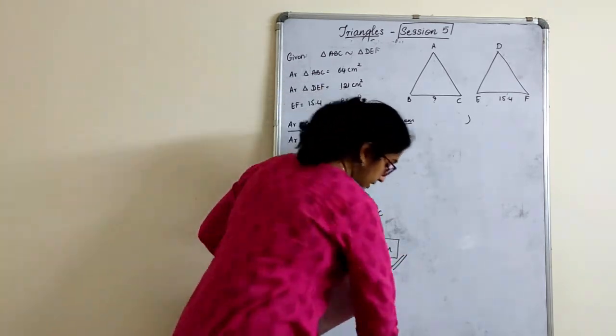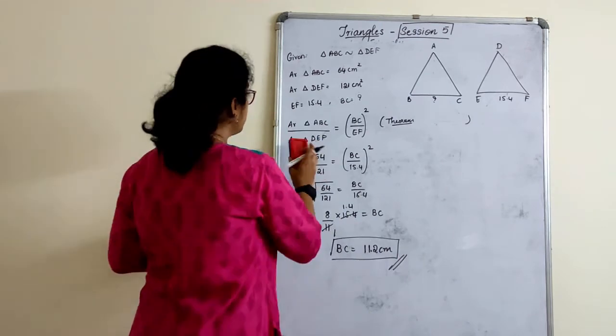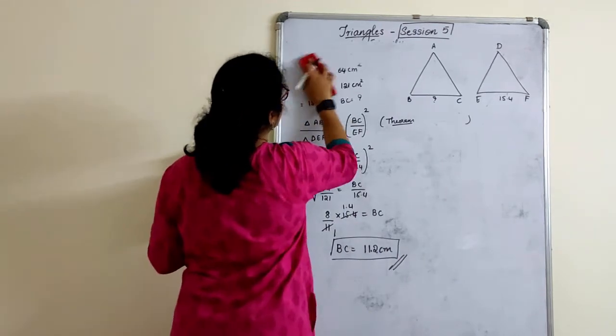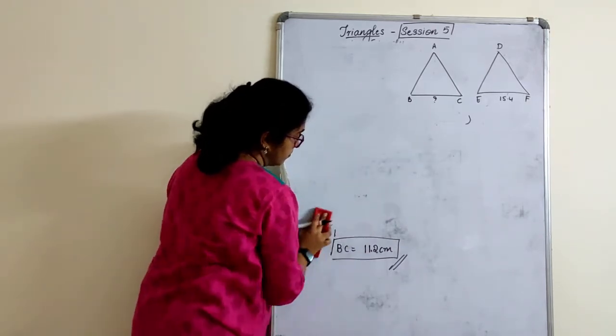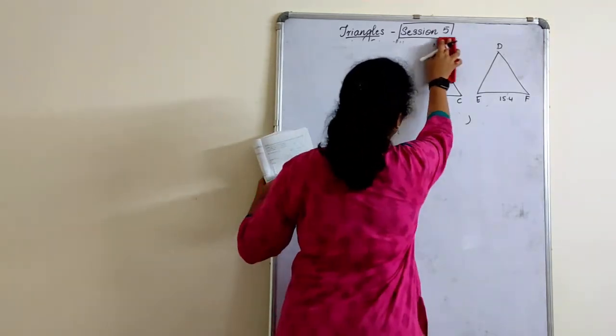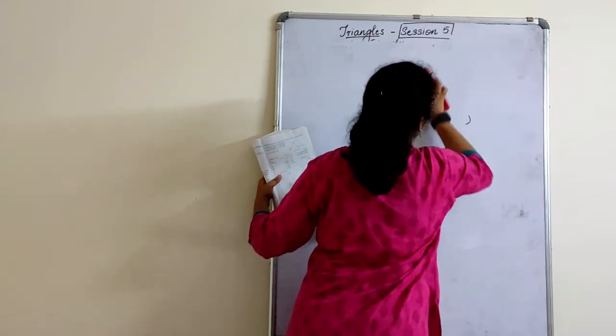Okay, we'll move to the next one quickly. Diagonals of a trapezium. A very small and simple exercise this is.